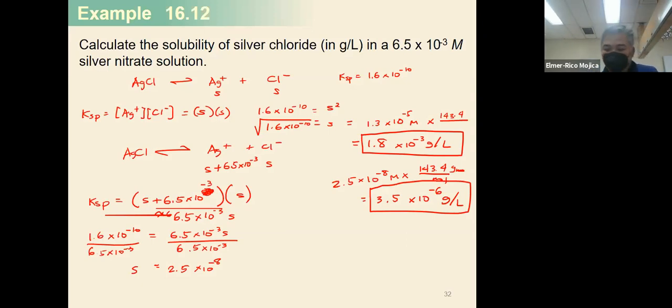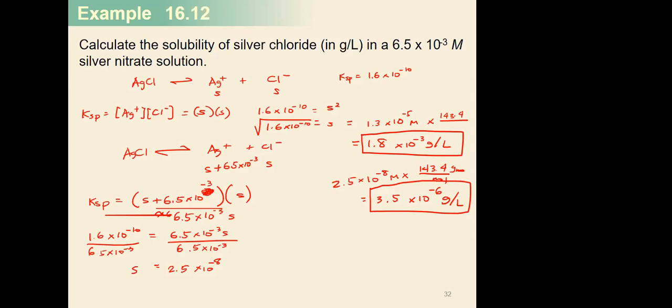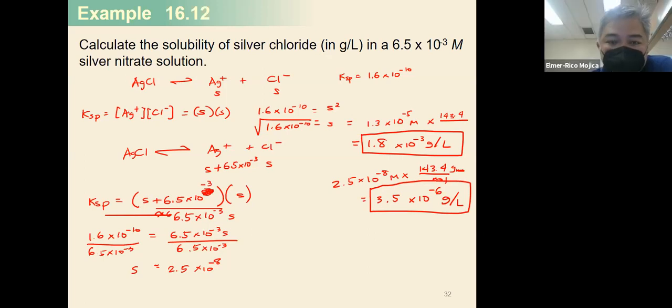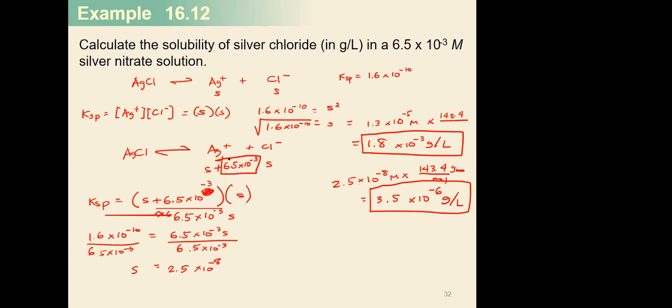Question? Yes, I noticed in your second equilibrium equation, it's another silver chloride dissociating to the ions. Yeah, okay. But the difference here, you have a common ion already here, the silver.